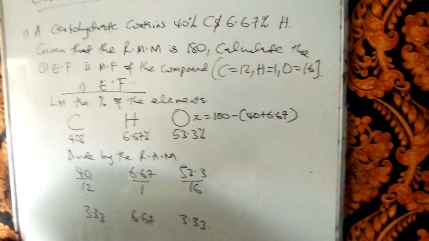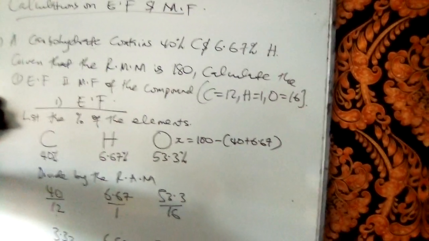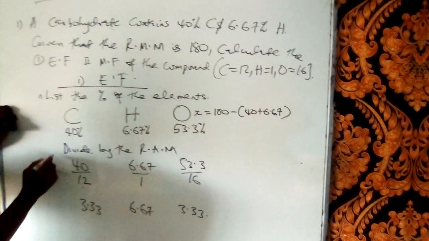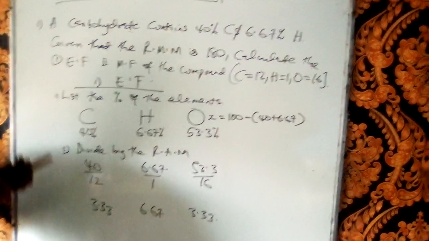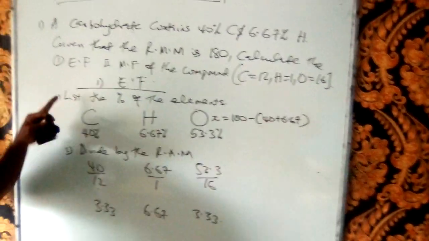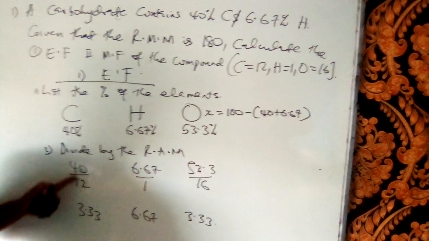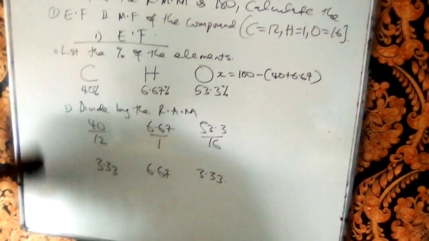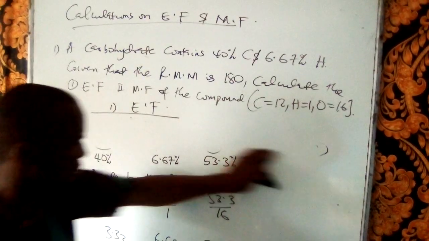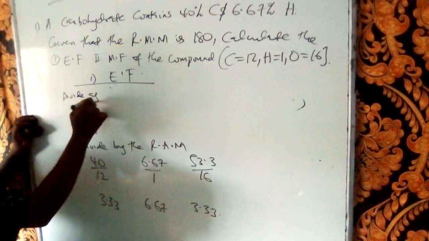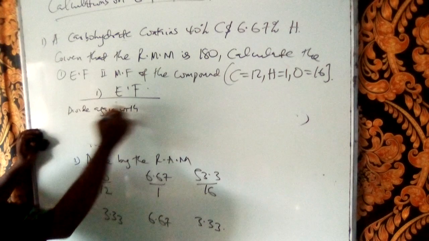As it's being videoed, you can see it on the board. The first step, you do the percentage. Second step, divide the percentage by the relative atomic masses each, and you get these values. Third step, you divide the values you obtain in this second step again with the smallest ratio.